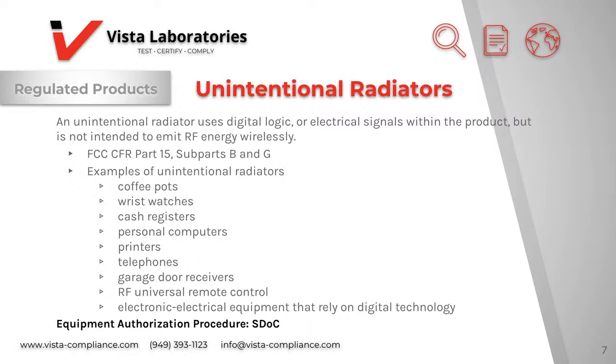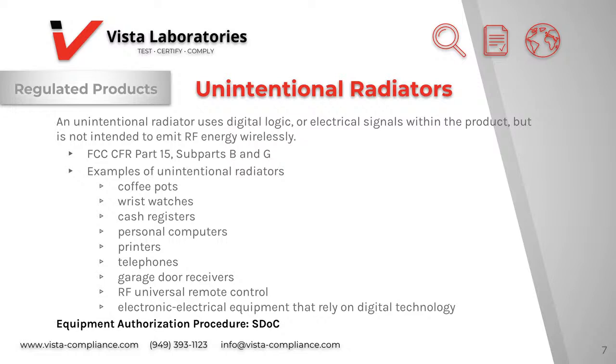Today, the majority of electrical products use digital logic operating between 9 kHz to 3000 kHz and are regulated under 47 CFR Part 15 Subpart B and G. These rules contain the requirements such as the test levels or limits for the results of the measurements.